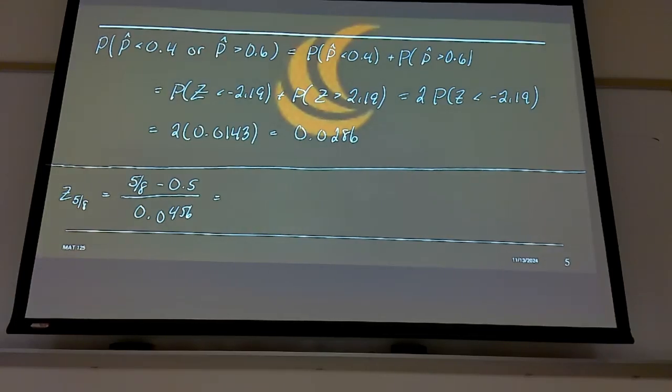And now the negative 2.19, how did it come about? That is the z-score. Is this still for question one? So remember, always convert to z-scores. We always do standard normal.